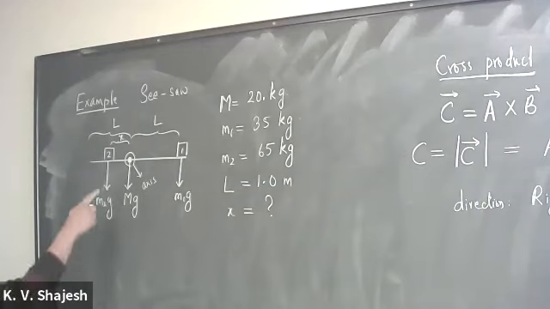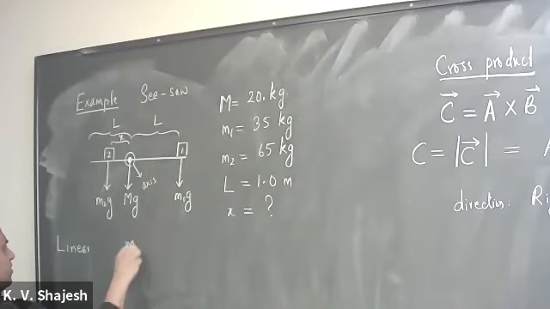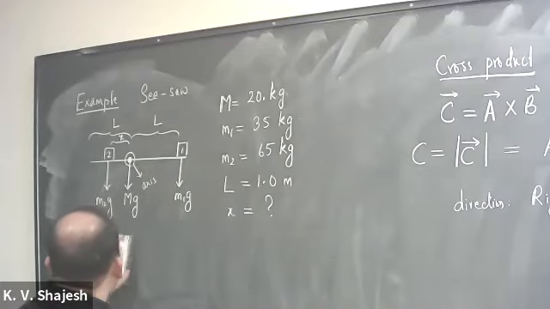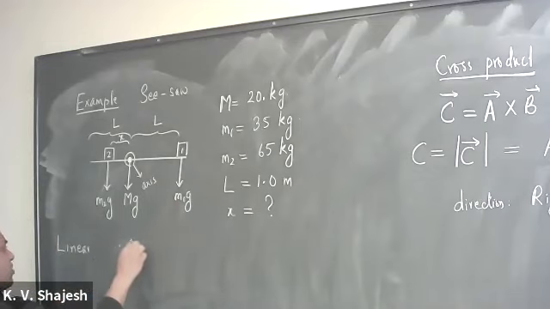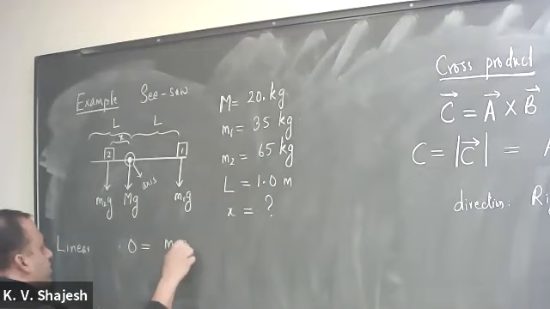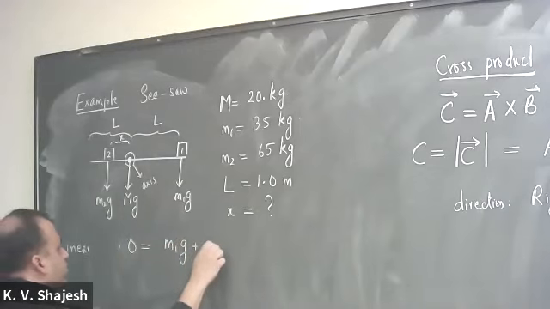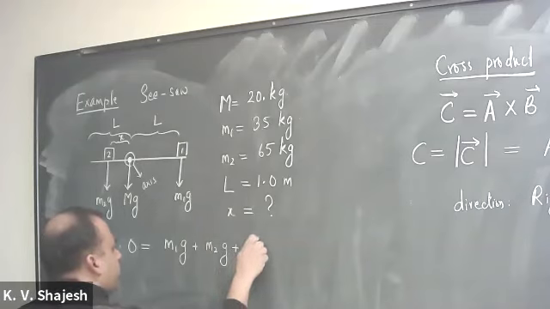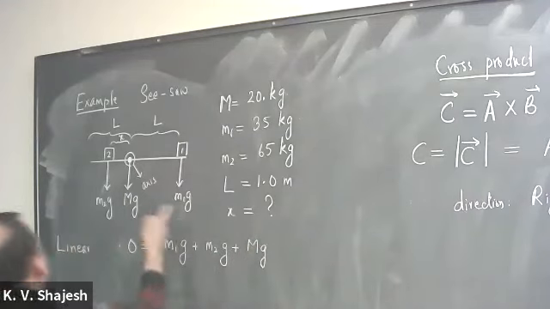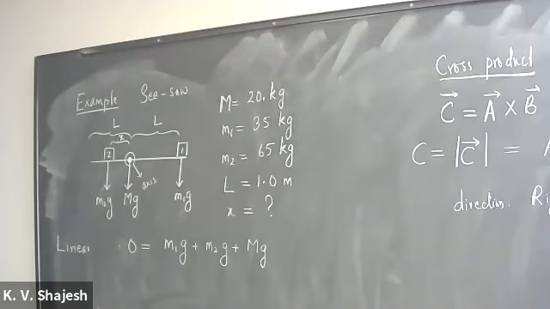First, let's go to Newton's law. So this is a linear motion. We know that mass times acceleration of this whole object, and acceleration is 0, so that's equal to m1g plus m2g plus the capital Mg. If all three are pointing downwards, something has to balance it.